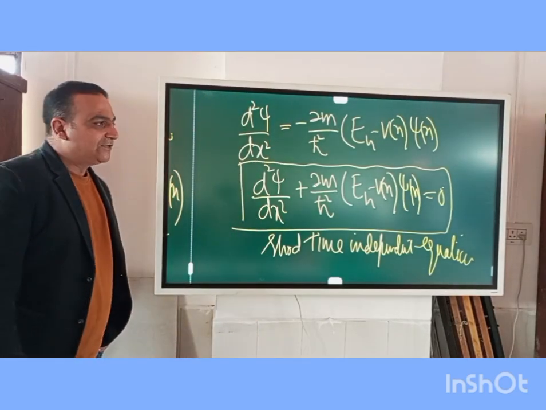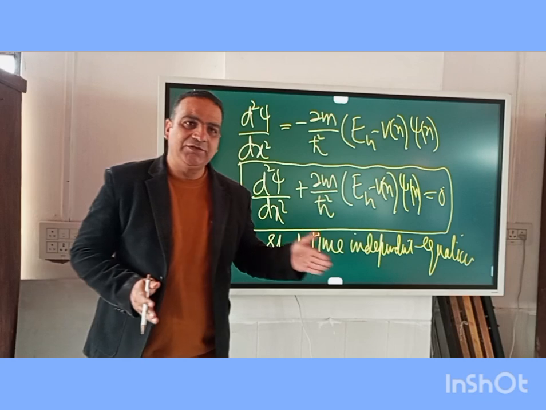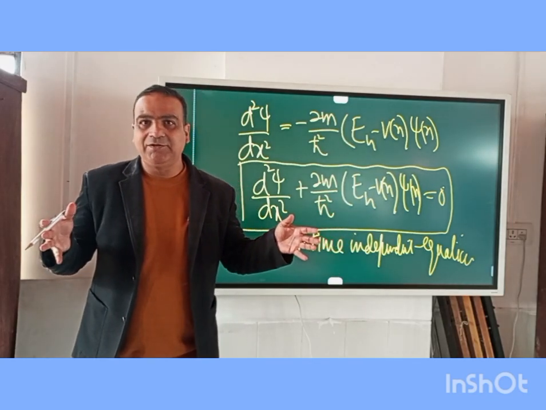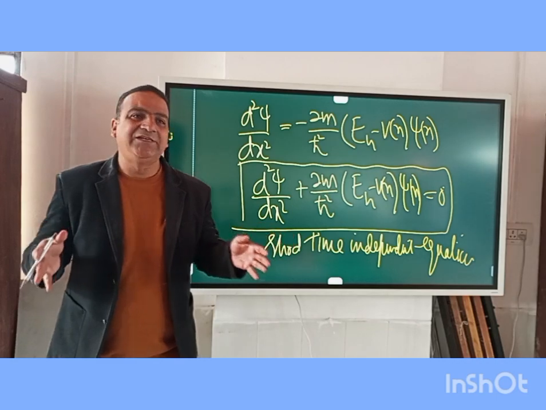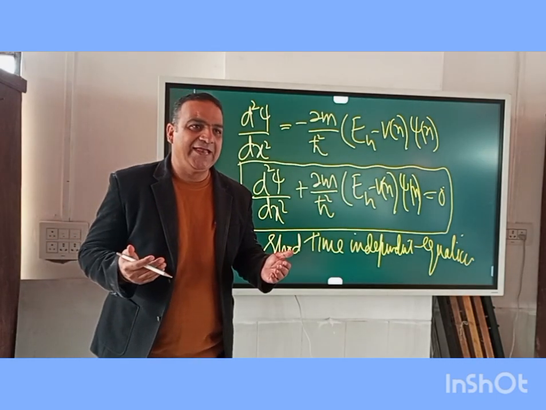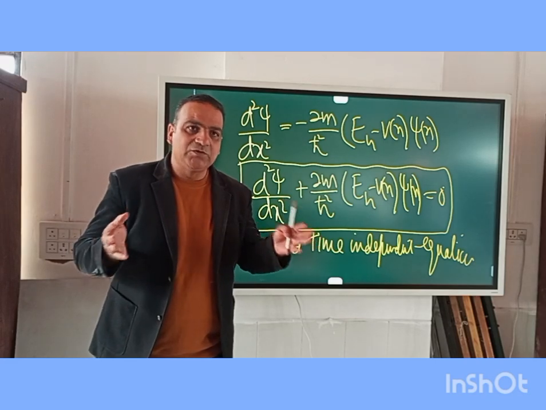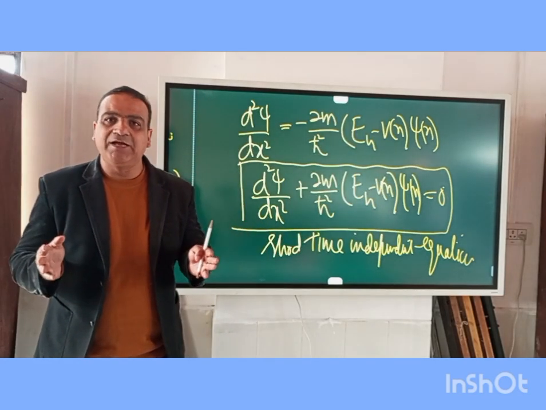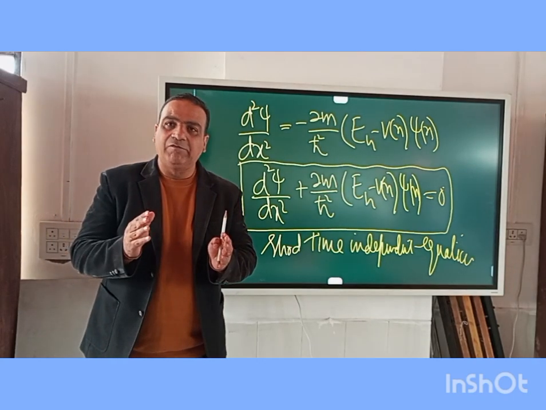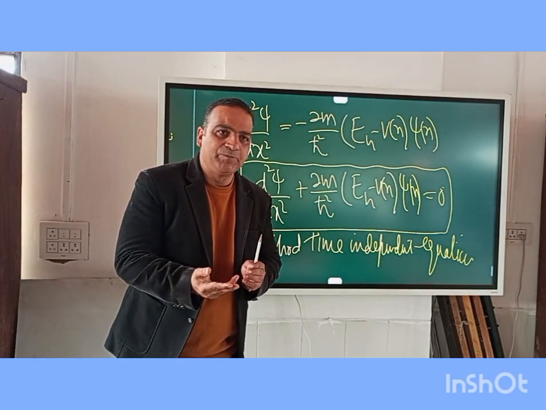Right? So we have separated out the time dependent equation from the original equation, because the original equation is a mixture. The wave function is dependent on position and time. Then what we did, we used the separable approach, and we chose that the wave function is the product of a function dependent on time and a function dependent on position.